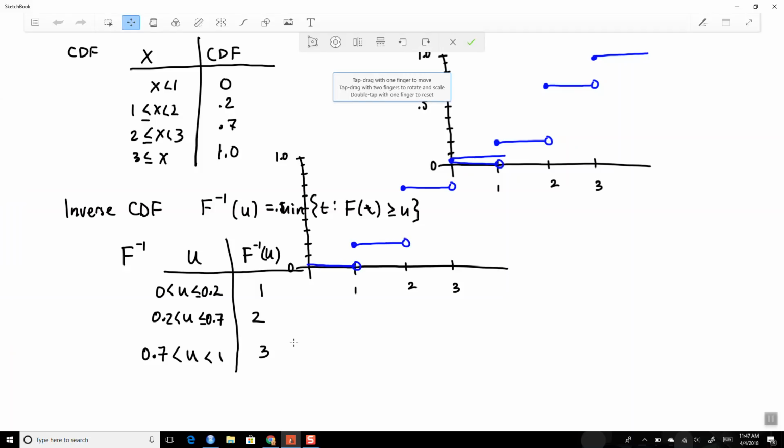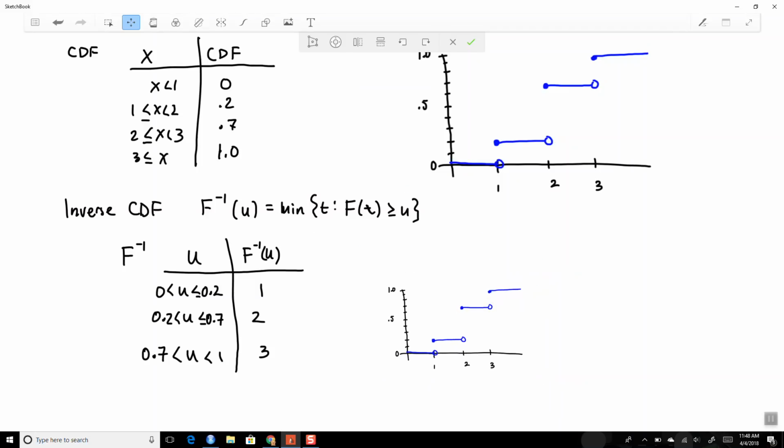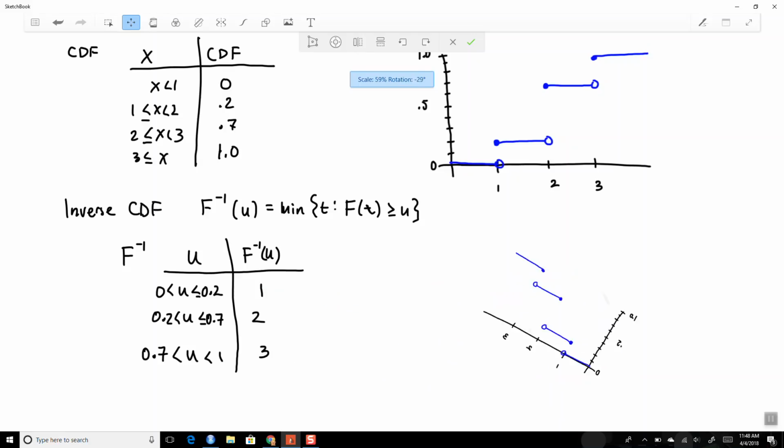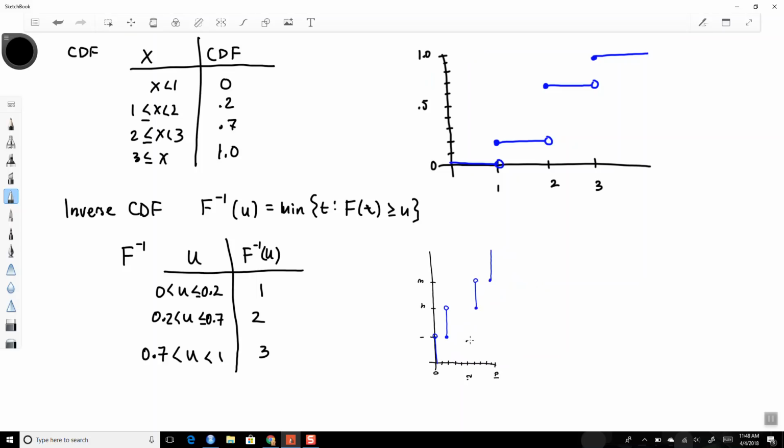I'm going to shrink this down and flip it and rotate it. This is kind of what it will look like, except this is not quite right, because now I have vertical bars in my function, which is not allowed.